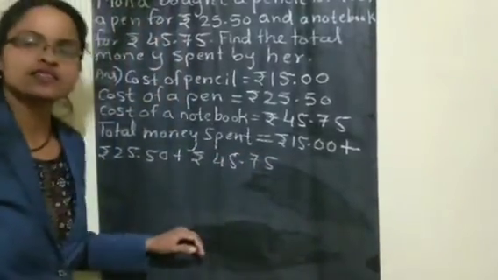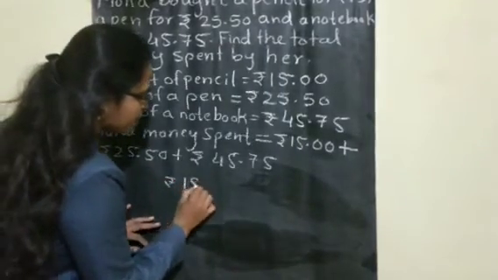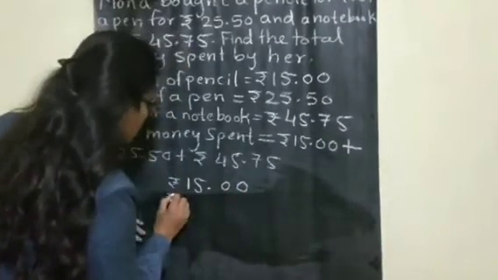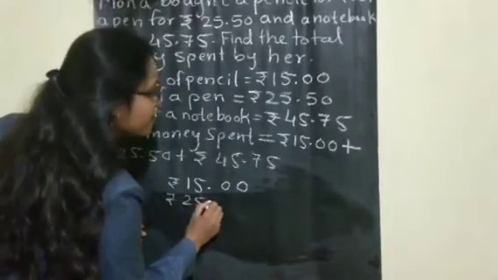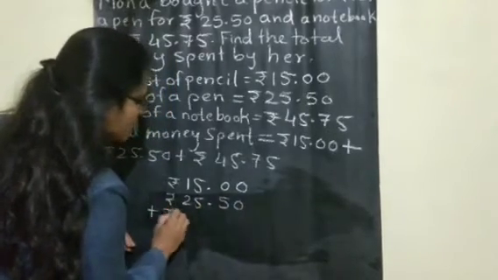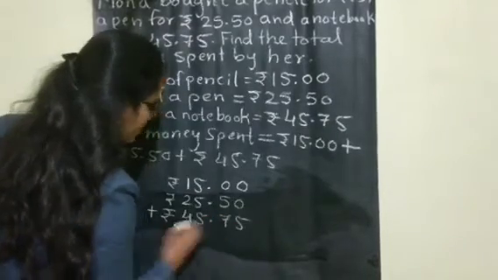Now let us arrange in the vertical form, children. Rupees 15, write .00. Rupees 25.50 and plus rupees 45.75.